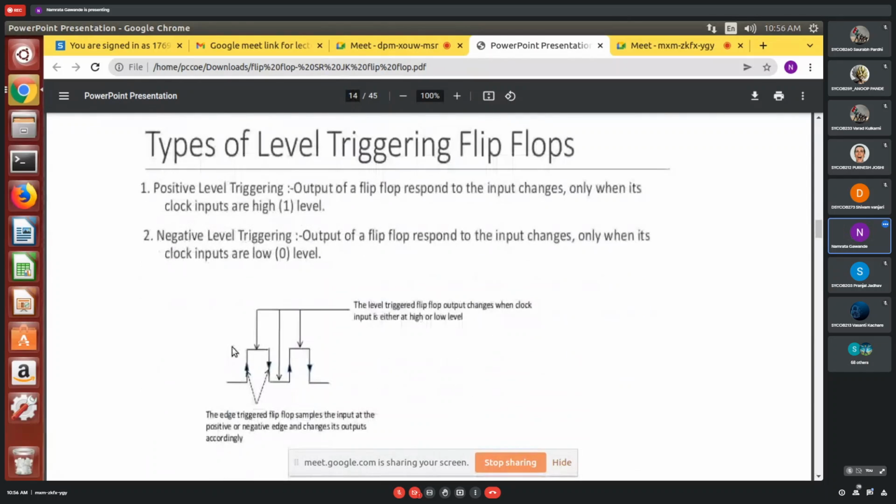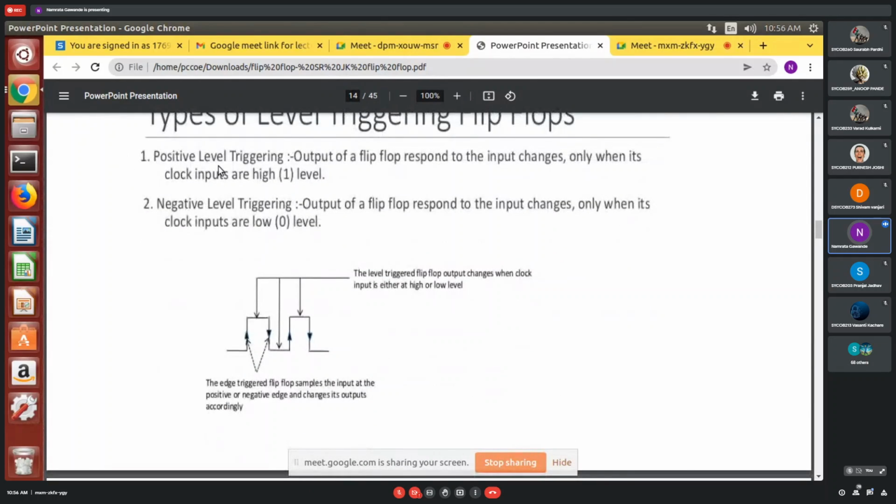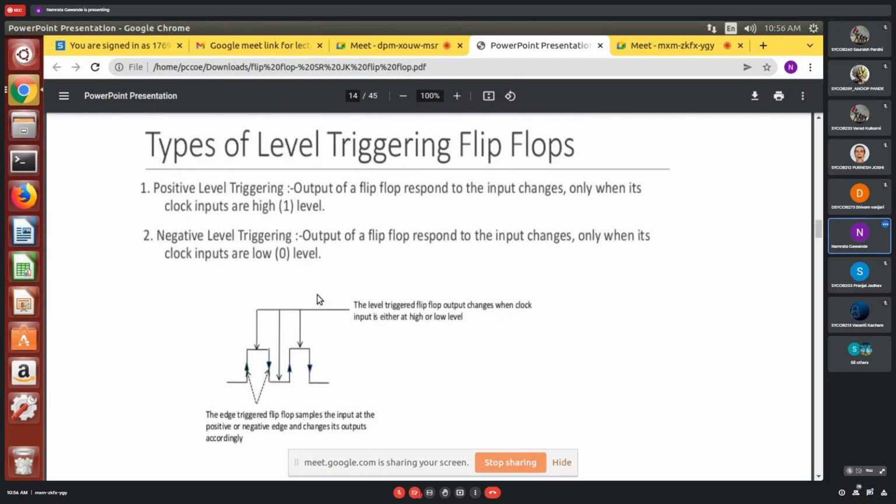Now, there are two types of level triggering, positive level triggering and negative level triggering. This is nothing but if it is at the high, this is the positive level triggering. The output of the flip-flop responds to the input changes only when its clock input is high, that is one level. Okay, and negative level triggering means what? The output of the flip-flop responds to the input changes only when its clock input is at low level.